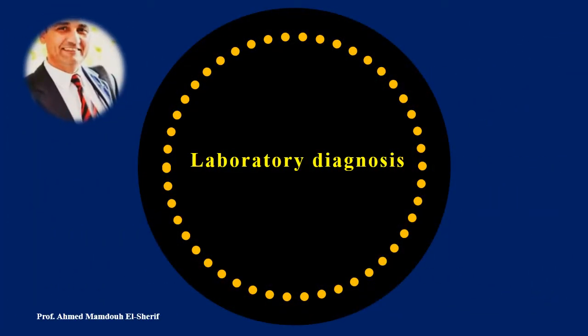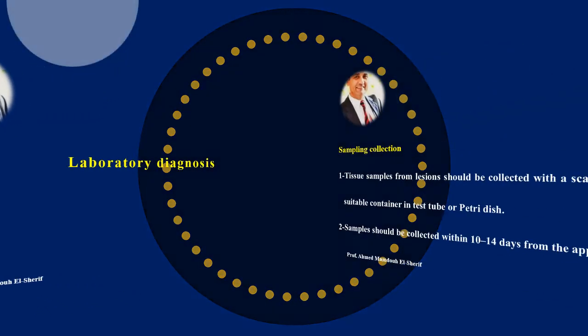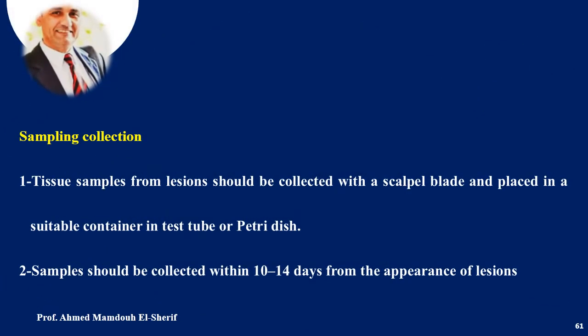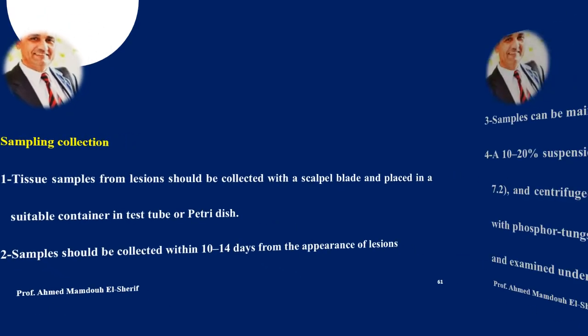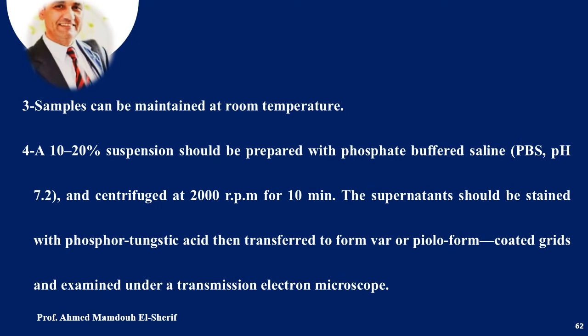Laboratory diagnosis of camel contagious ecthyma disease. Sample collection. Number 1. Tissue samples from lesions should be collected with a scalpel blade and placed in a suitable container, test tube or petri dish. The samples should be collected within 10 to 14 days from the appearance of the lesions. Samples can be maintained at room temperature.